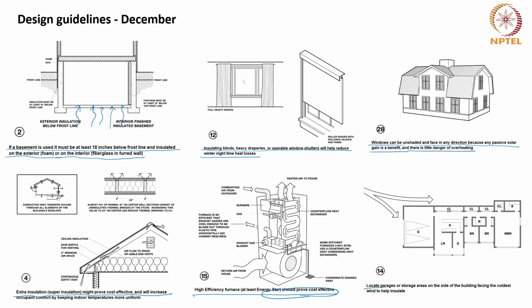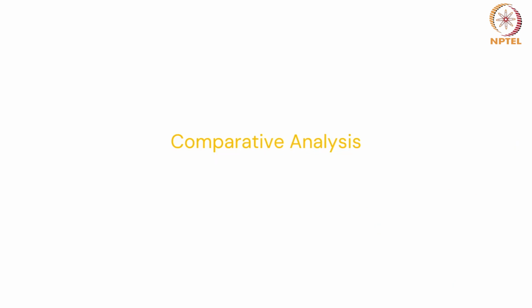We can locate garages or store areas on the side of the building facing the coldest wind, so that it will help to insulate the other occupied areas if the cold draft does not fall into these occupied areas. So these are the strategies that can be used in the month of December.